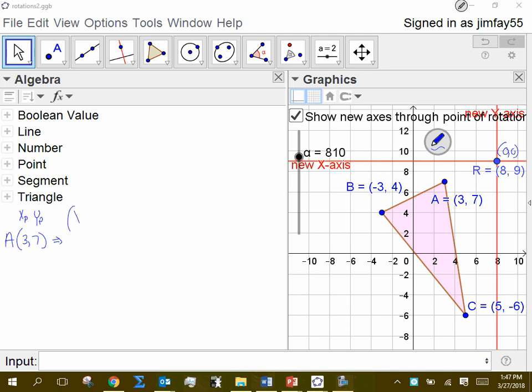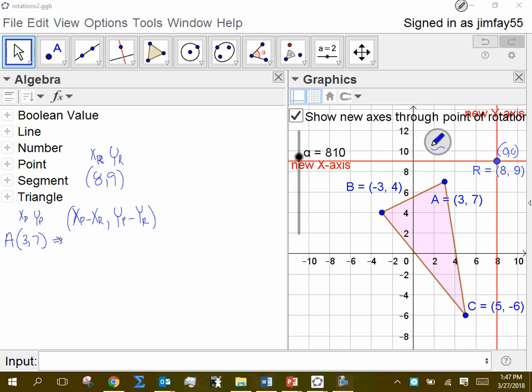We said it's X of P minus X of R, and then Y of P minus Y of R. Right now I'm rotating around 8, 9, so that is X of my point of rotation and Y of my point of rotation.